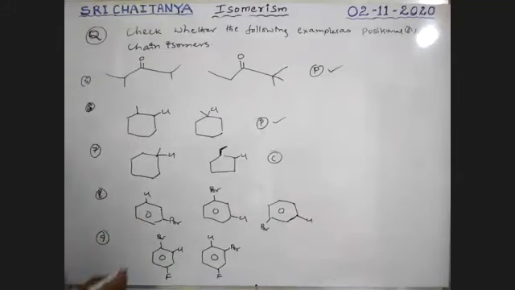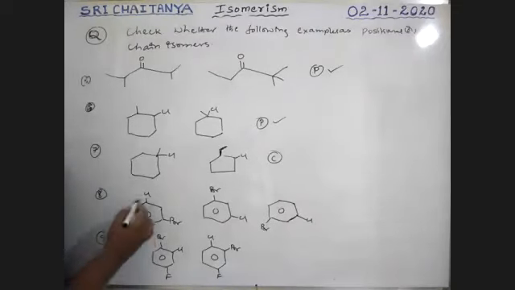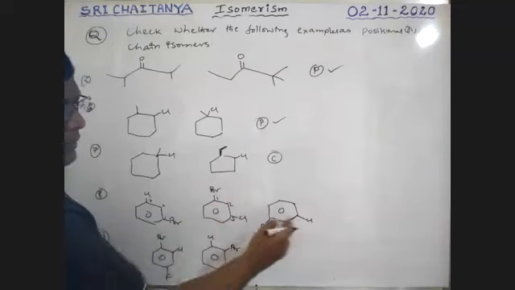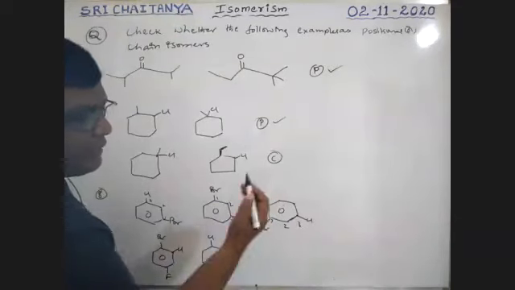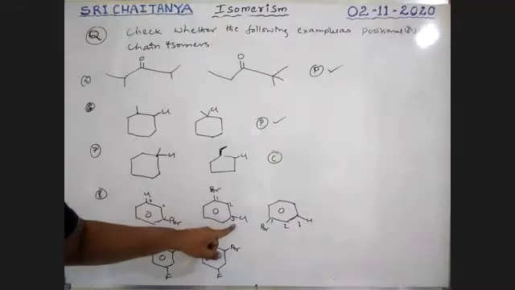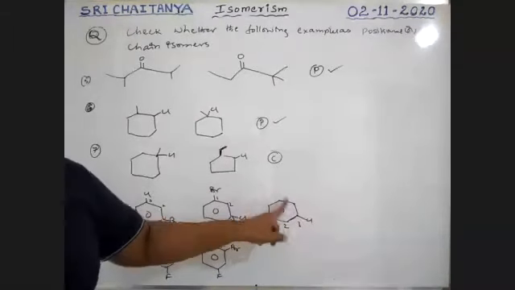See here, boys. As per our IUPAC system, this is benzene. So 1, 2, 3, bromo comes first. It is 1-bromo-3-chlorobenzene.